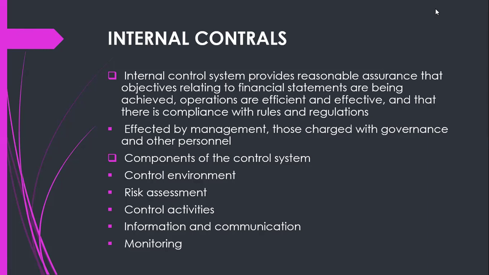An internal control system is just a system that management puts in place, right? There are certain activities that management puts in place to ensure that the objectives of the company are being achieved, and also ensure that the operations of that particular entity are efficient as well as effective.